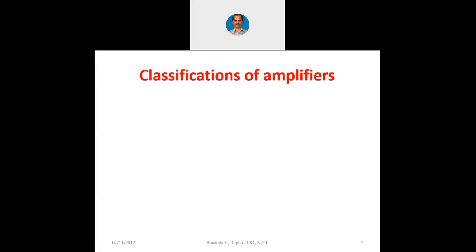That was the different domain of classification. Now in this module, we are going to classify amplifiers in another domain based on the region of operation. Initially, we can classify the amplifier as audio and radio amplifiers, because the audio amplifiers work with the frequency range of 20 Hz to 20 kilohertz, where all our sound, voice, music needs to be amplified.